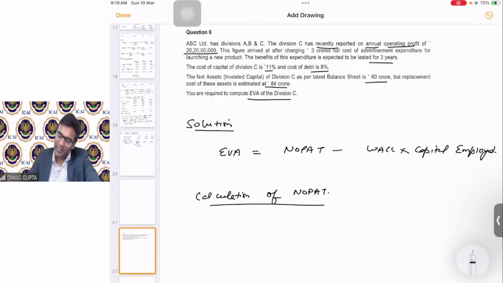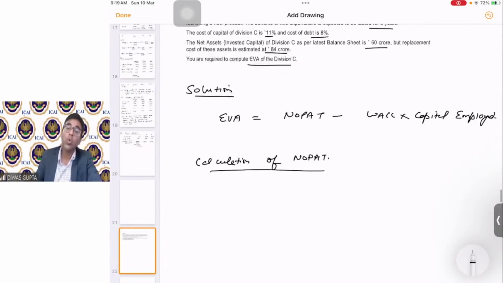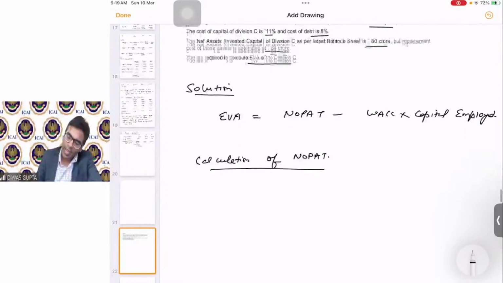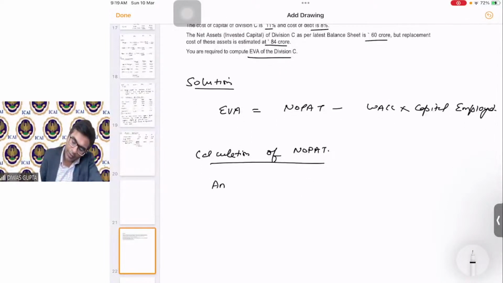Have they given us a tax rate somewhere? They have not given us any tax rate, so let's ignore the tax rate. The annual operating profit currently is 20 crores 20 lakhs.